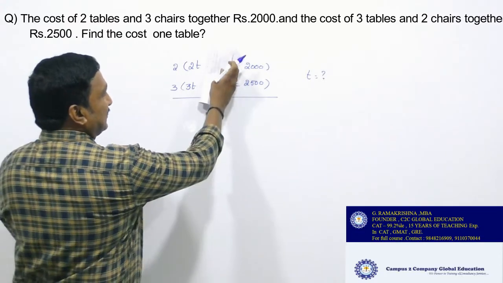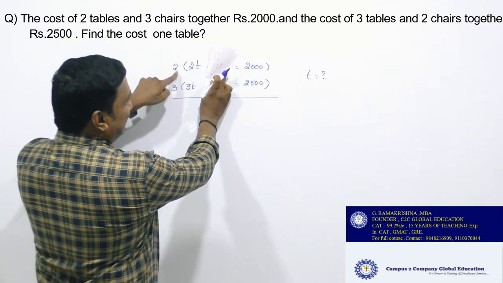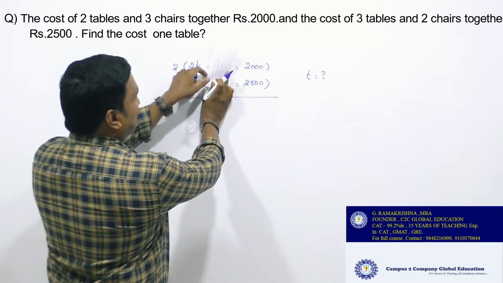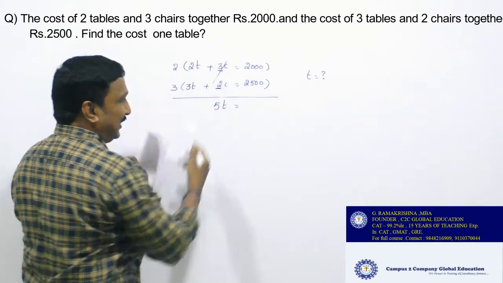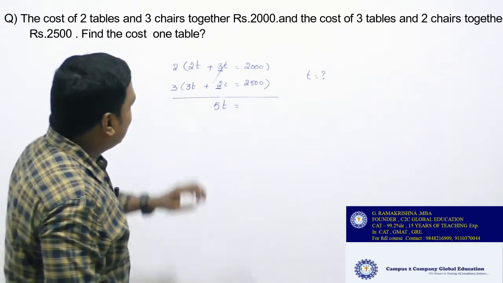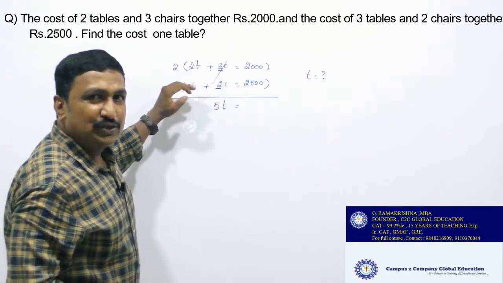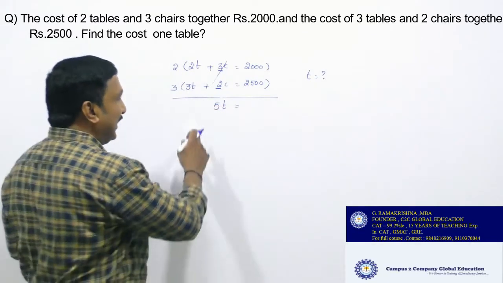Now look at this, friends. 3 3s are 9 tables minus 2 2s are 4 tables. So 9 tables minus 4 tables is equal to how many tables? 5 tables. So I am writing directly 5t.